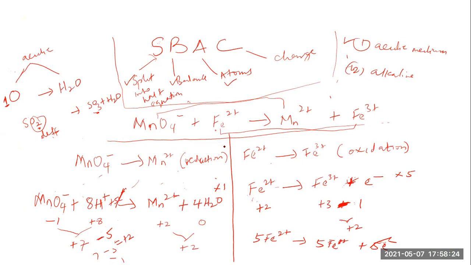We split it in the beginning. Now let's bring it back. MnO4-, 8H+. Are you getting it now? All this, let's write it out. Because they are both on the left hand side, we are going to combine them together.